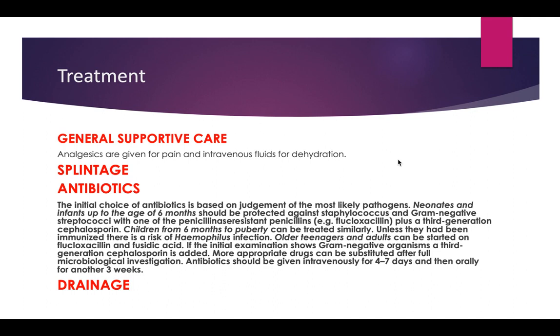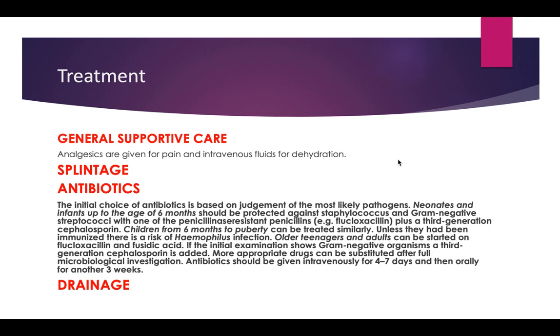The most likely pathogens: neonates, think of up to the age of 6 months, you have to think of a gram-negative organism, because I told you previously that the infection may be from the mother as a source of infection, the birth canal usually hosting gram-negative pathogens.